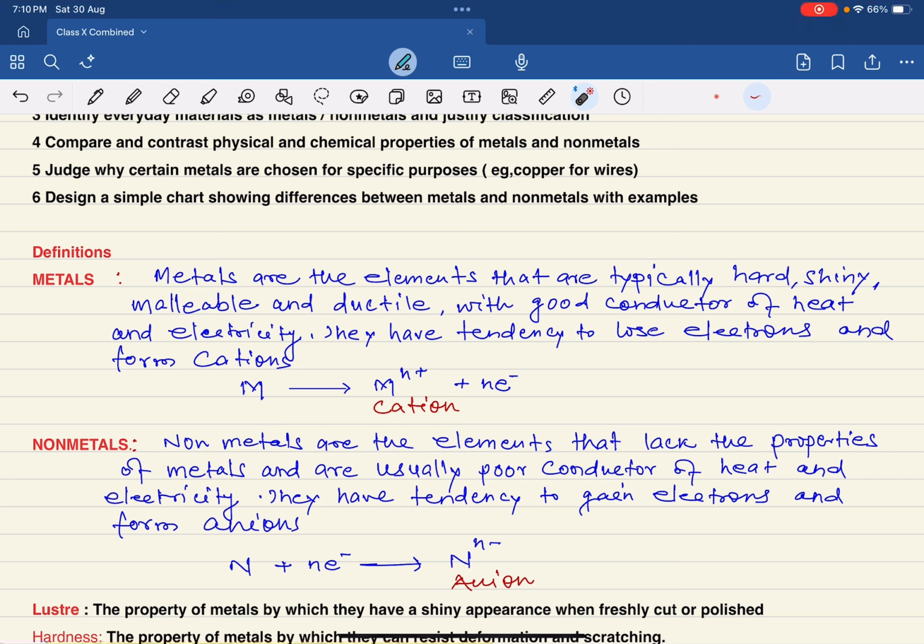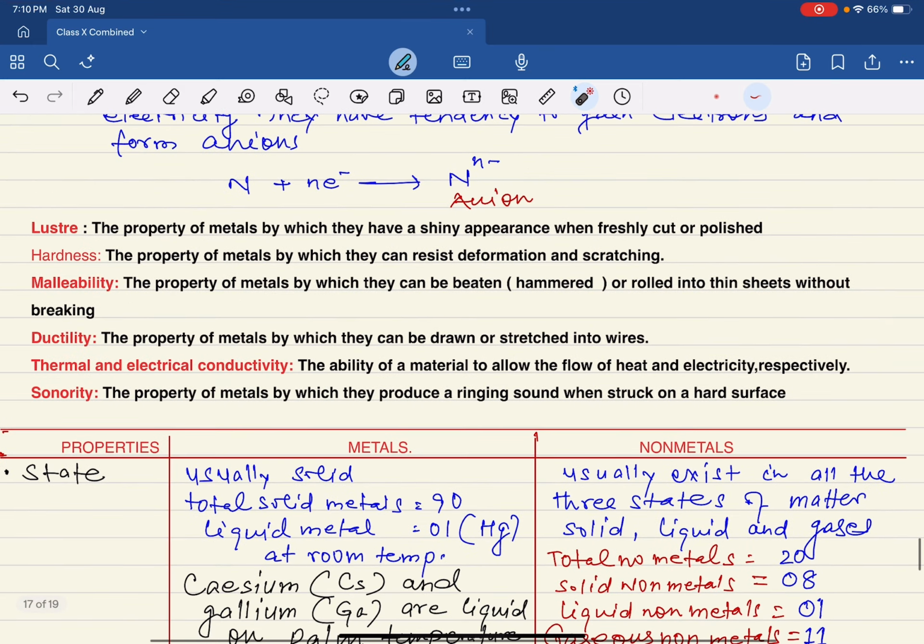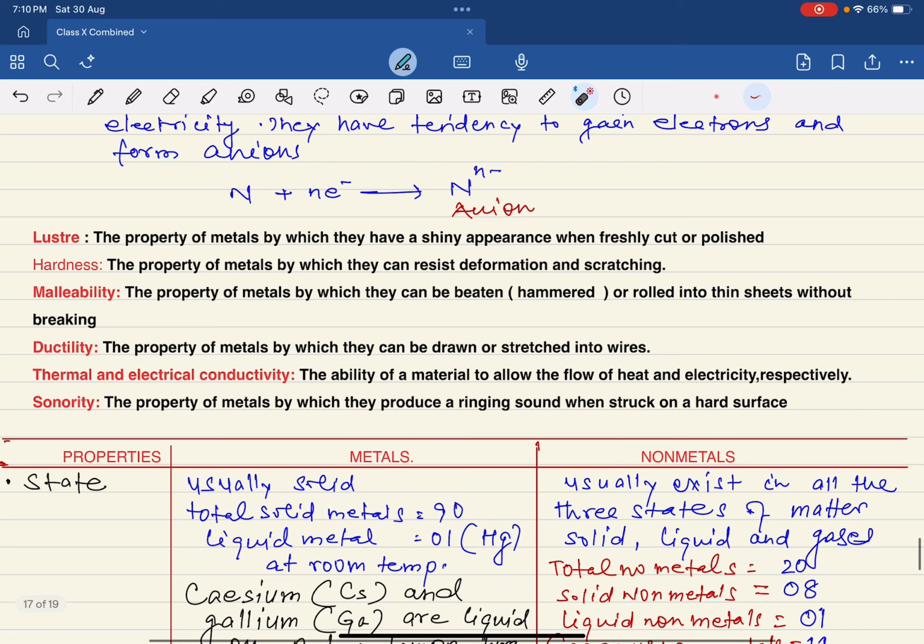Then I am going to explain some properties of metals, and this is very important. First of all, try to understand the properties of metals, then we are able to differentiate between metals and non-metals. The first property is luster, the property of metals by which they have a shiny appearance when freshly cut or polished.